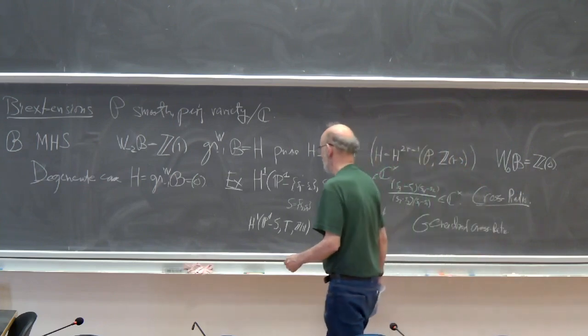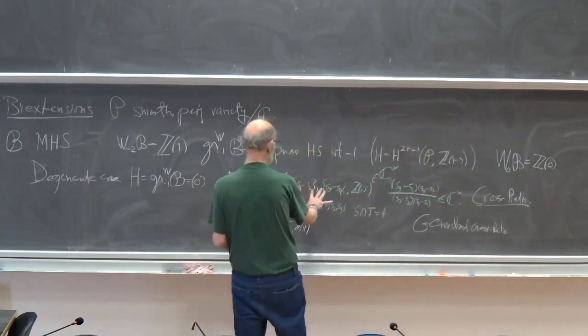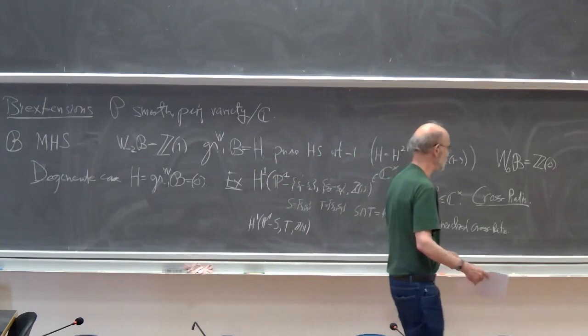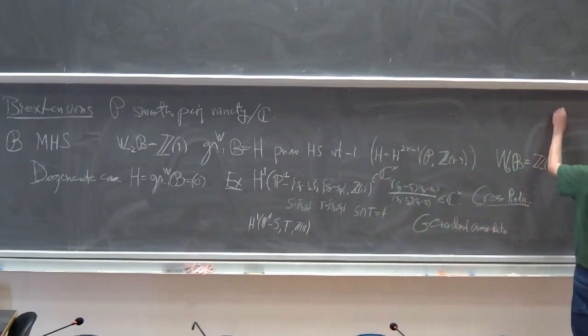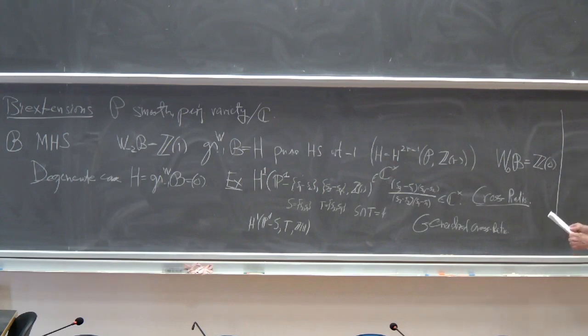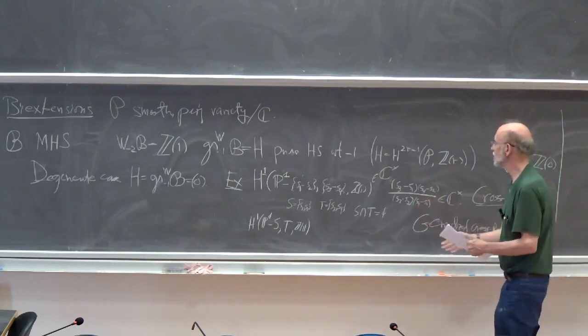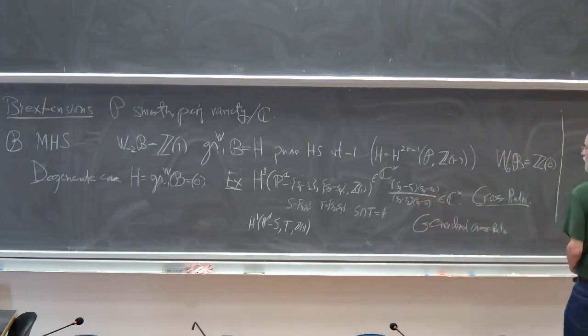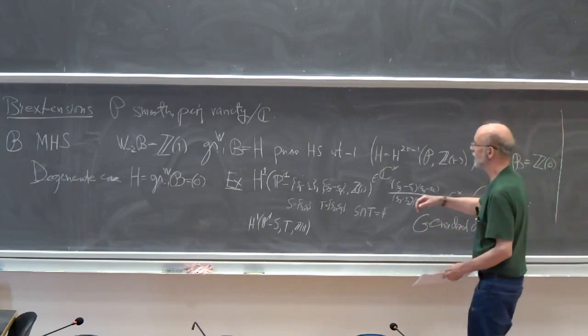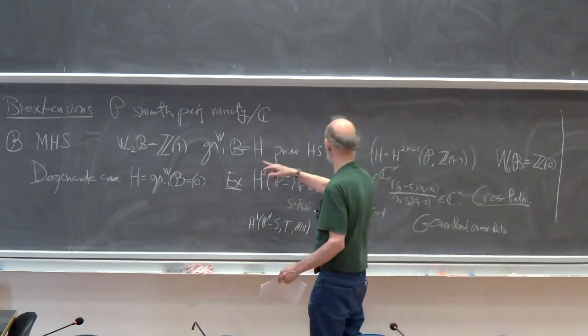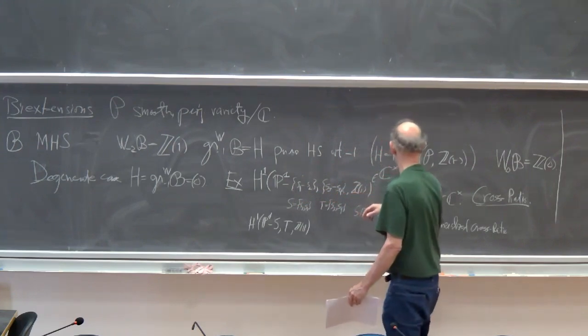Okay. But before I start doing geometry, let's just take a minute to try to understand the setup in terms of Hodge structures, right? We said that the GER minus 1 should be 0.